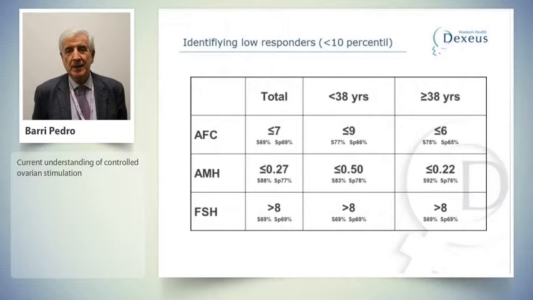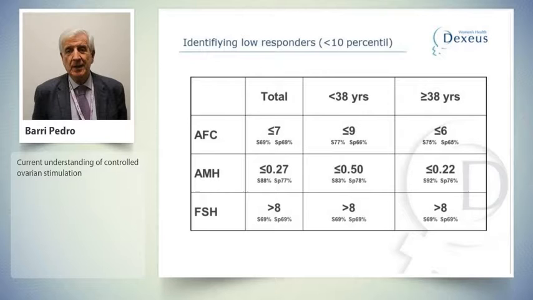For the classical low responders in our hospital, we consider the 3 markers of ovarian reserve, apart from age, of course: antral follicle count, AMH, and FSH. And we consider in our own material as poor responders or low responders those patients within the 10th percentile compared to the response of the rest of the patients.